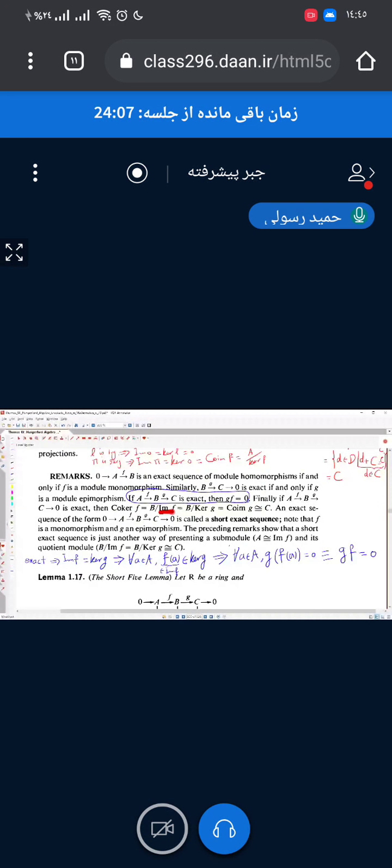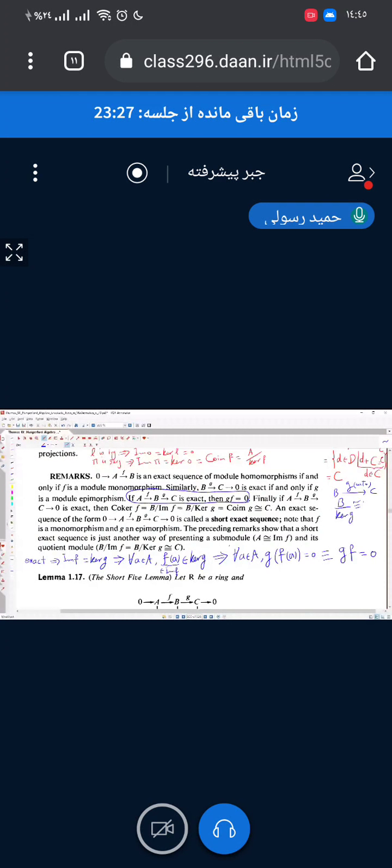But since G is surjective, an epimorphism, by the first isomorphism theorem of modules, we conclude that since B to C is onto, B over the kernel of G is isomorphic to the image of G. But the image is C since G is onto.